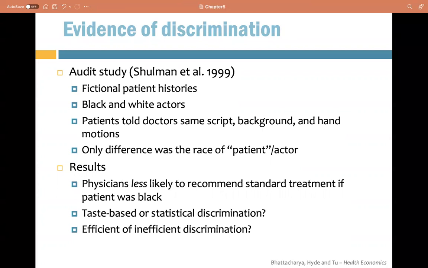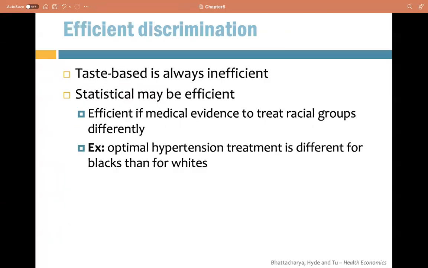So is this taste-based discrimination or statistical discrimination? Is this efficient or inefficient discrimination? Taste-based is always inefficient because it comes from some conscious or unconscious belief from the physician, and it's a physician-side difference.